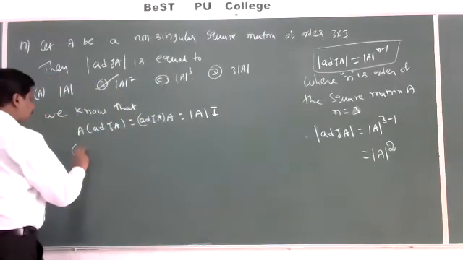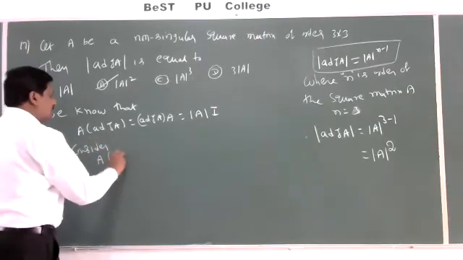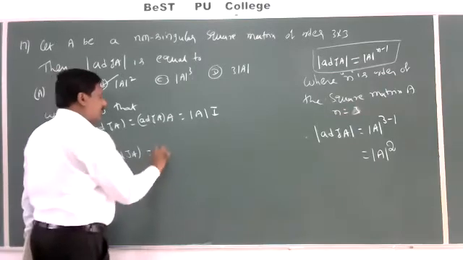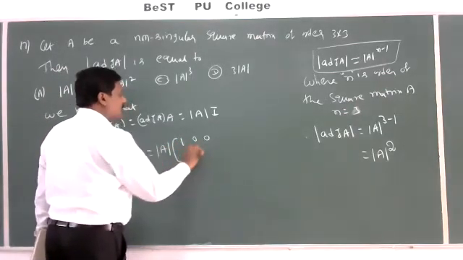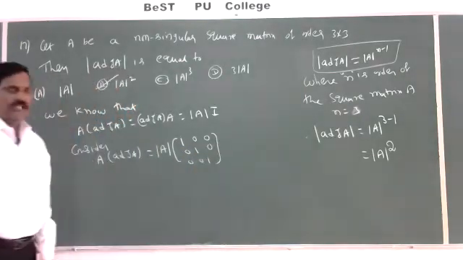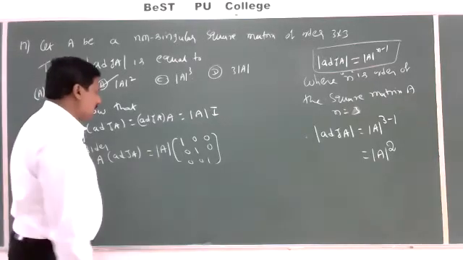Consider A into adjoint A equals det A into I, where I means the identity matrix 1 0 0, 0 1 0, 0 0 1.